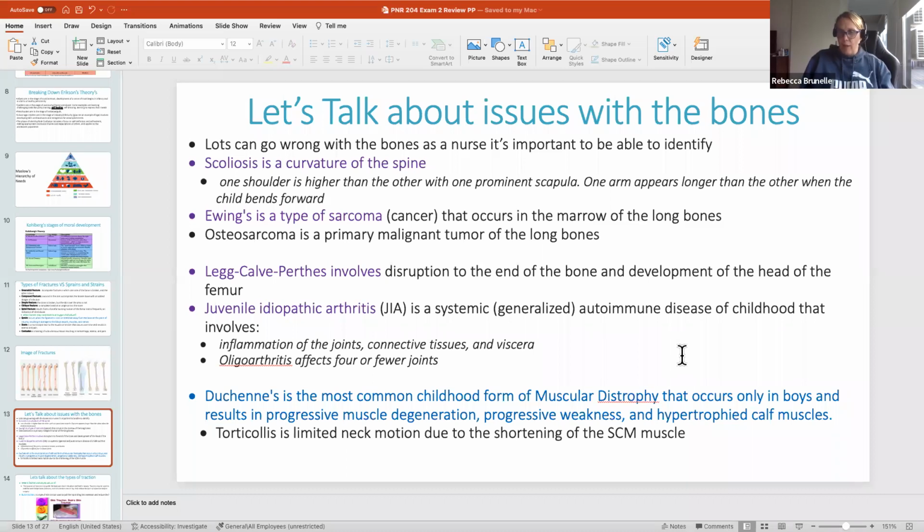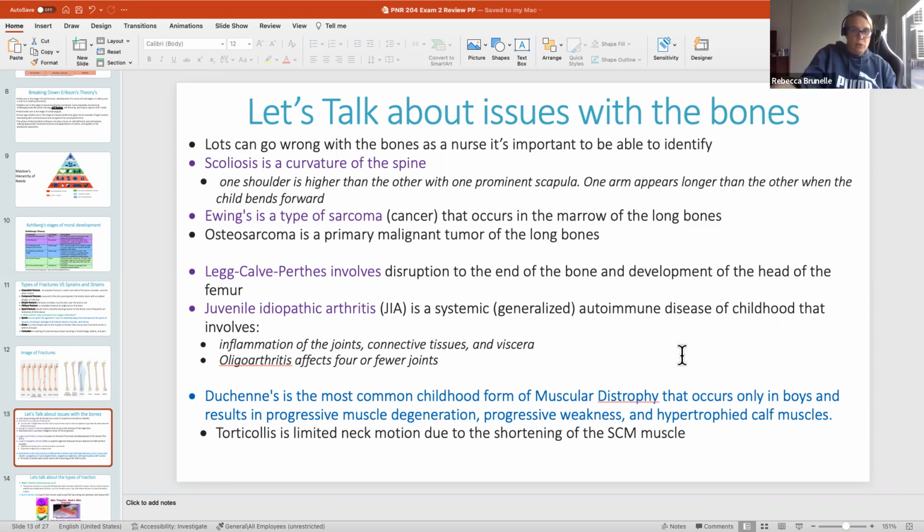They tend to fall down a lot and be clumsy. It is a progressive disease with no cure, and most people die in their late 20s, early 30s of cardiac or respiratory problems. So this is a lot of supportive care from the nursing perspective, making sure they have the mobility devices that they need and the cardiac respiratory support that they need.